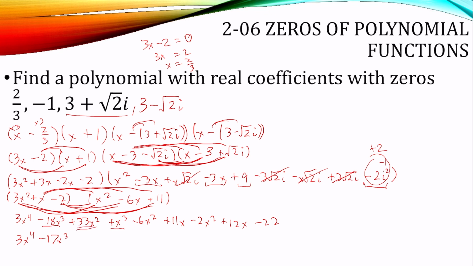For squareds, I have 33, minus 6 is 27, minus 2 is 25. Just x's, I have 11, and 12 is 23. And the minus 22 at the end.